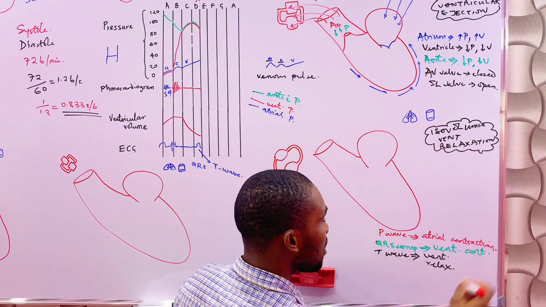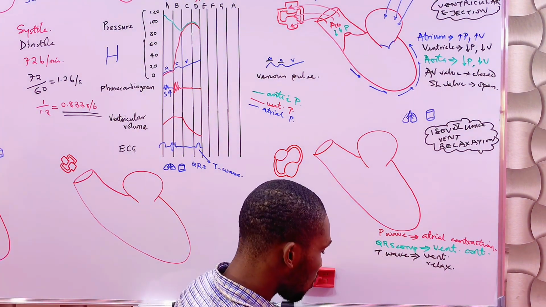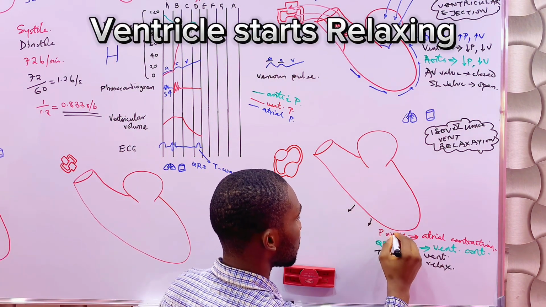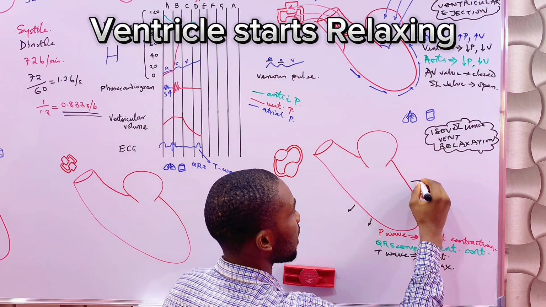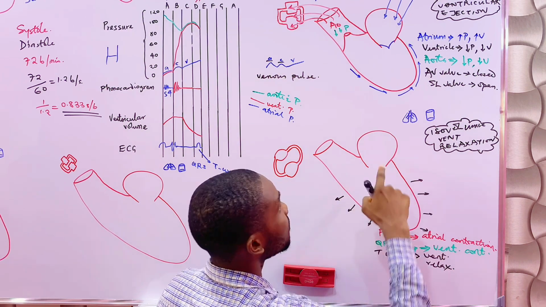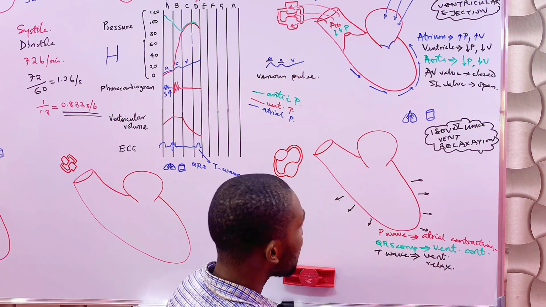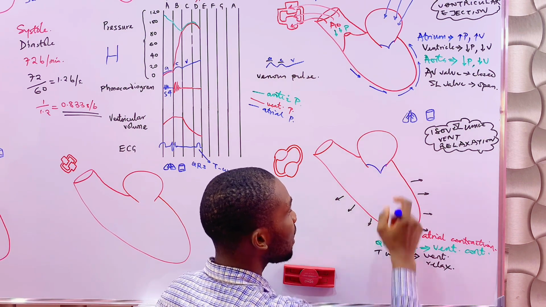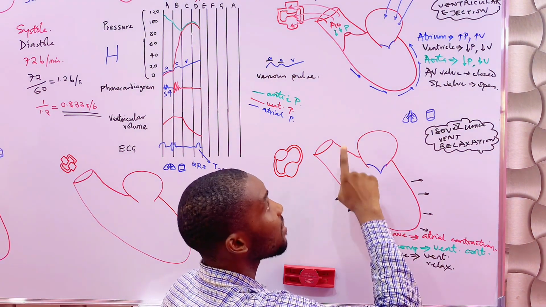Now, the ventricle had already received the T wave for ventricular relaxation, so the ventricle starts to relax. From the previous phase, we already saw that the AV valve was closed, and the semilunar valve was open.